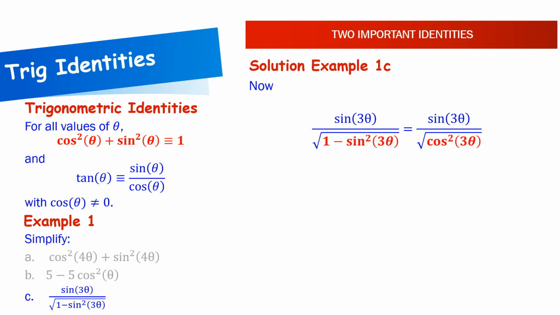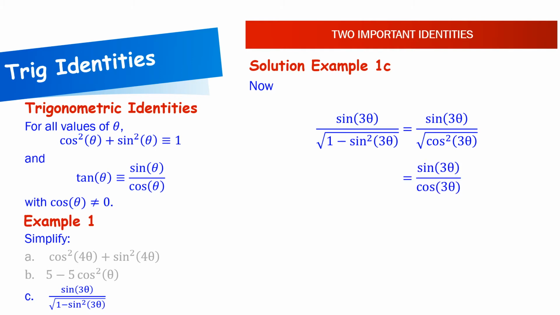And so we substitute that as shown. And of course, square root of cos squared is just cos. We can actually simplify this a little bit more. Remember that tan is equal to sine over cos. So finally, we're left with tan 3 theta as shown.